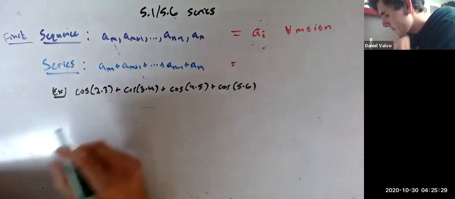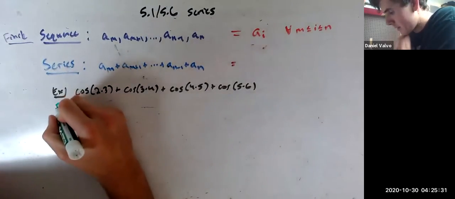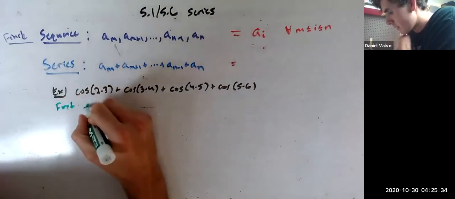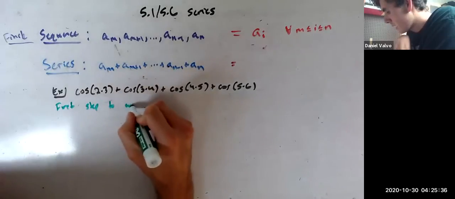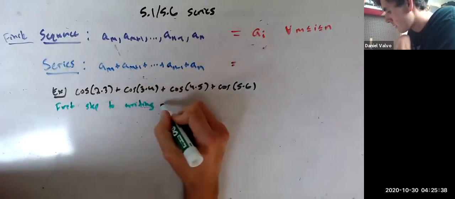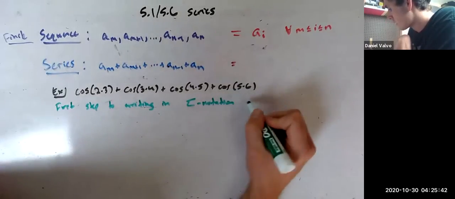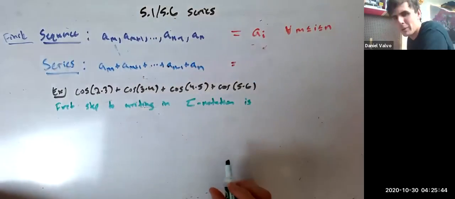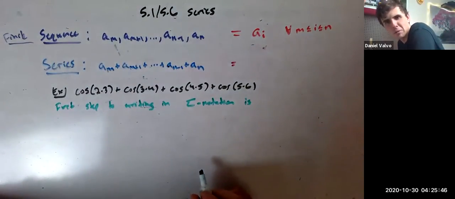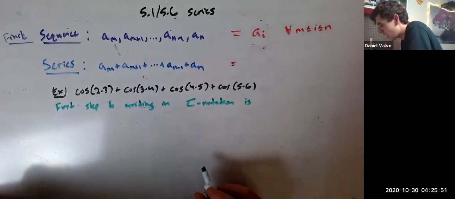Let's check it out. So the first step to writing in sigma notation, and by the way, sigma, if you haven't seen it before, it's basically like a sideways W or like a really sideways M. You see what I'm saying?